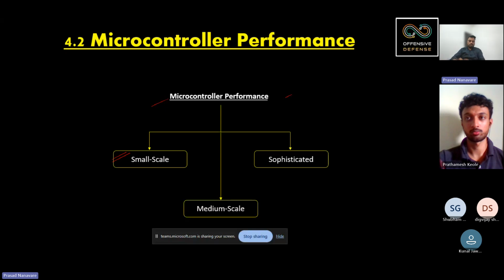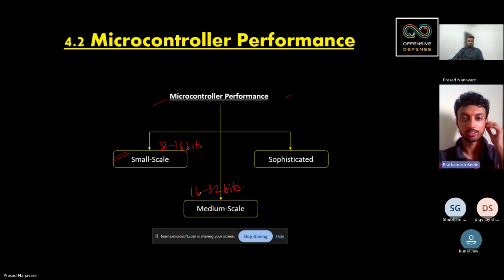Still no. Okay, do you guys remember now? So it depends on the number of clock cycles. It depends on how many bits the controller is processing in one clock cycle.